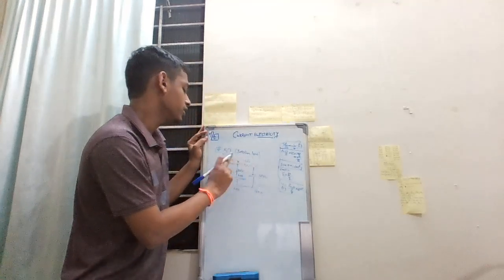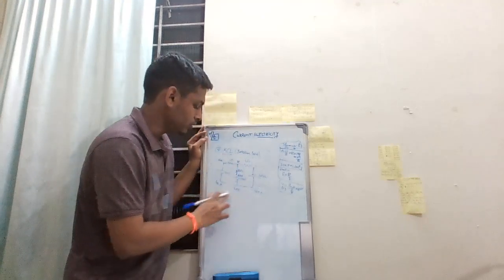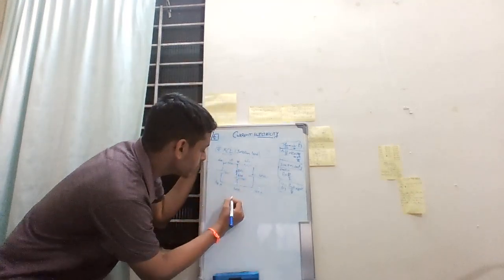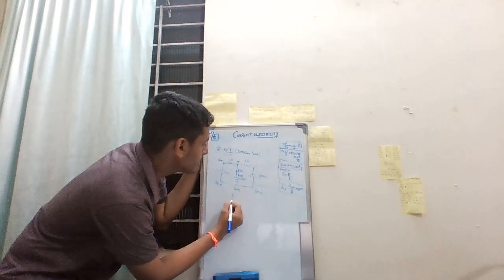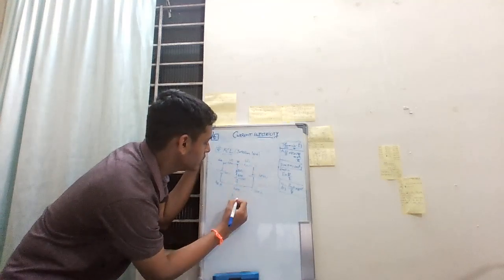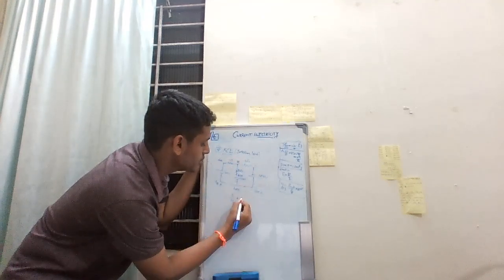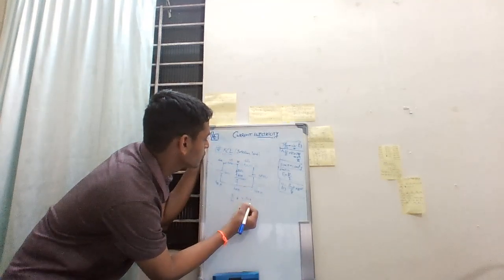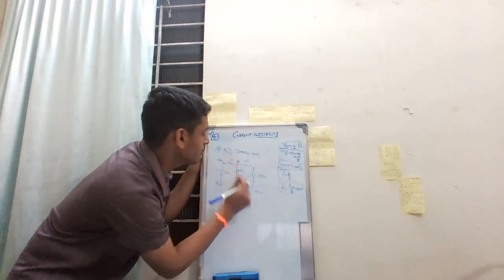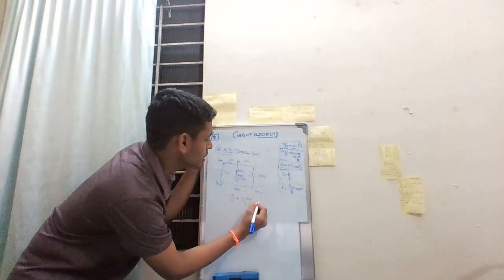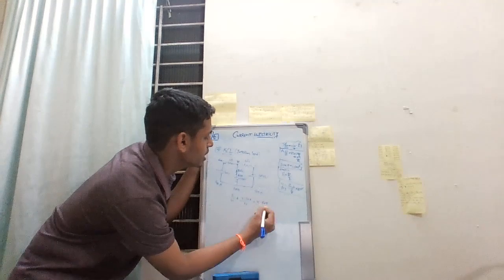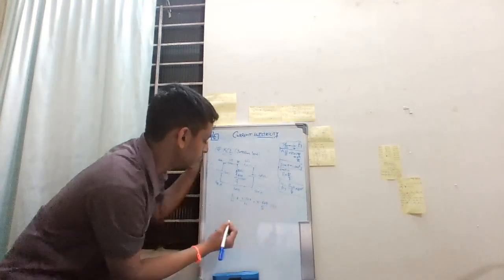So for current, we will use the junction law. x minus 0 by 4 for this one, x minus 600 by 4 for this one, and plus x minus 600 by 8 equal to 0.